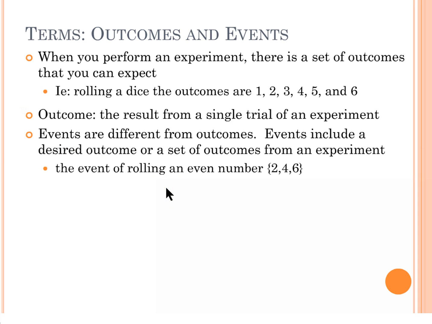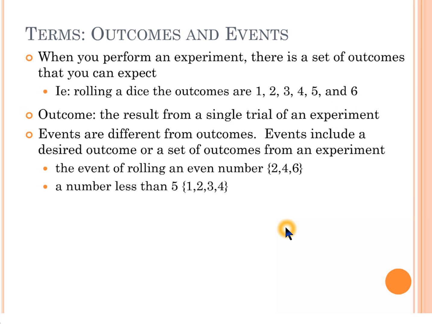So what I mean by that is if I'm rolling a dice, I may be looking for a situation where I'm rolling just an even number. So the event of rolling an even number could be 2, 4, or 6. Or I could have a different event where I want a number less than 5. So when you have a dice, you have 6 numbers, and I could look for a number that's less than 5.